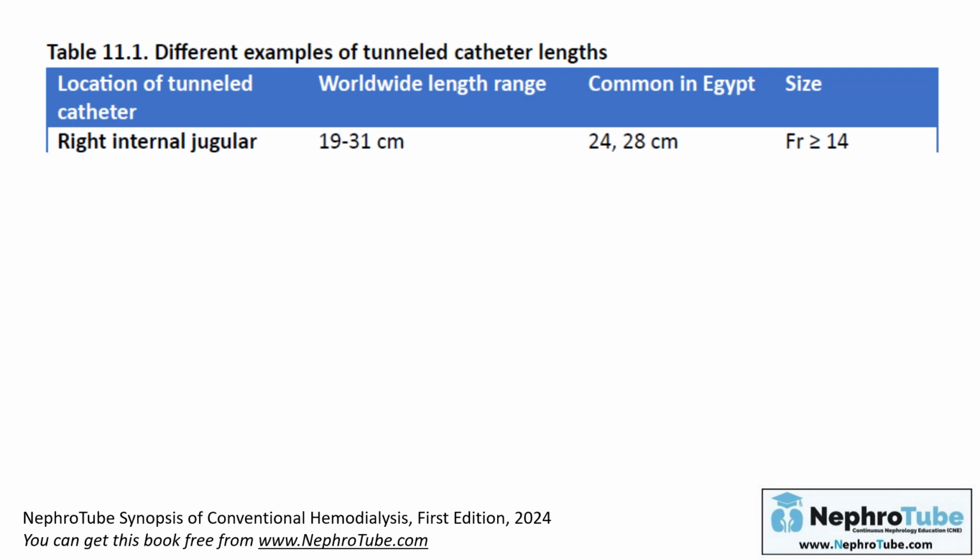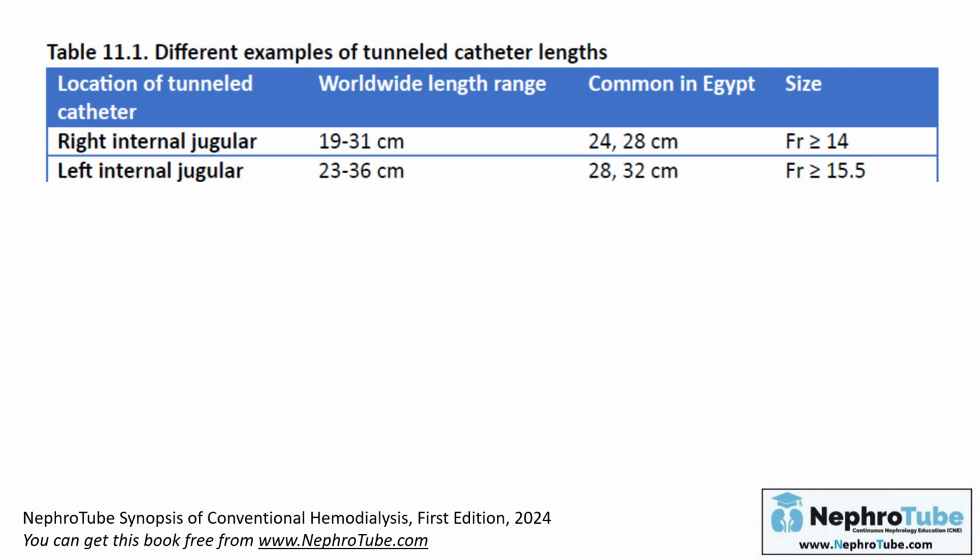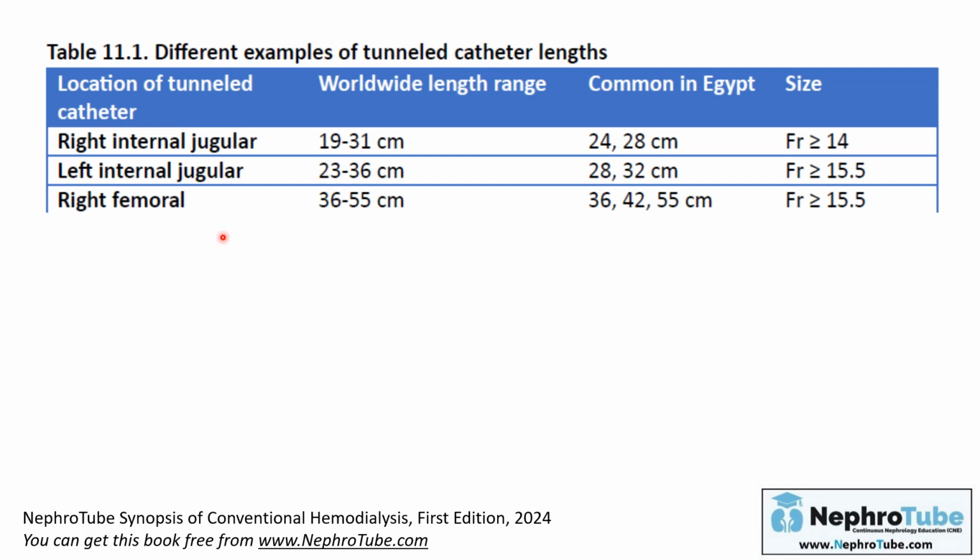Regarding the right internal jugular catheter, the worldwide range is between 19 and 31 cm with a size of 14 French or more. Left internal jugular worldwide ranges from 23 to 36 cm. Right femoral from 36 to 55.